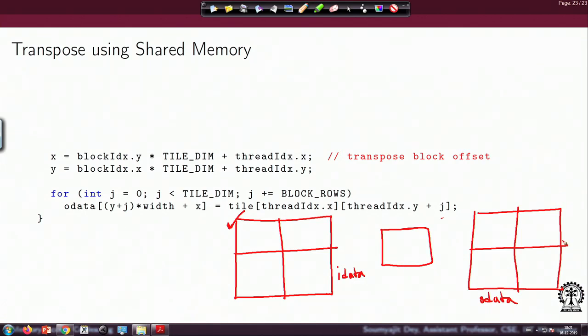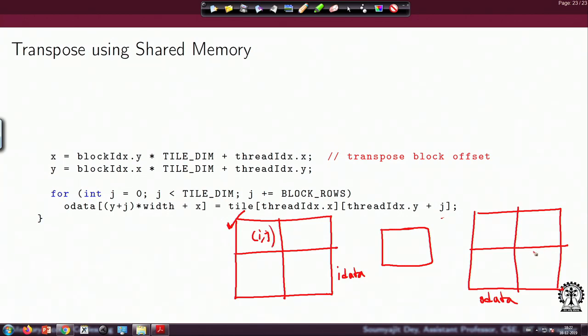Now, the first thing the thread has to figure out is: I have taken the data from one specific block in the input matrix, so into which specific block is the output going to be written? If everything inside this block is, in general, block i comma j, that would be flipped.